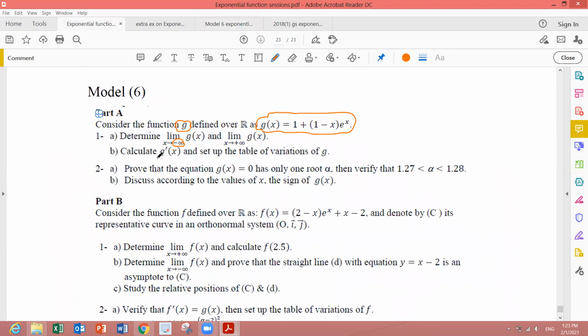Calculate g prime x, part B. We need to calculate g prime x and set up the table of variations of g. To calculate g'(x), derivative لل1 is 0. هذا كيف شكله 1 minus x e to the x.